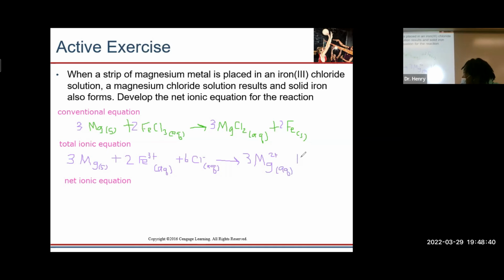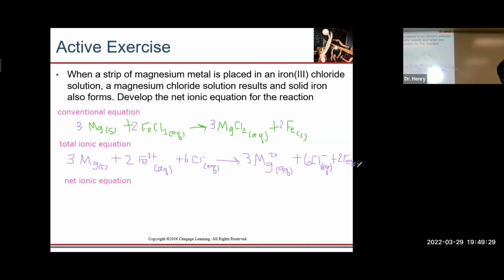You guys see that? Yes. Because it's the element, right?